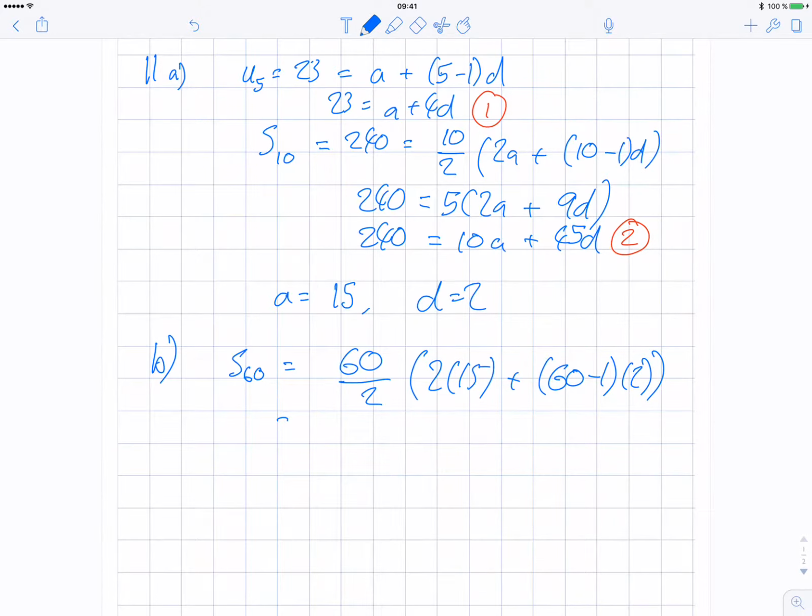That's the difference, which is equal to 30. 2 times 15 is 30, plus 39 times 2. Now 39 times 2 is 78, so I'll put that 78 in. So I have 30 times 30 plus 78 is 108, and you can use the calculator to do that.